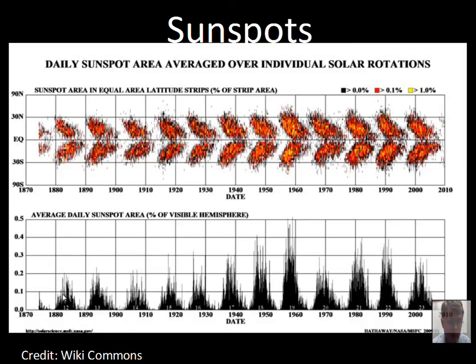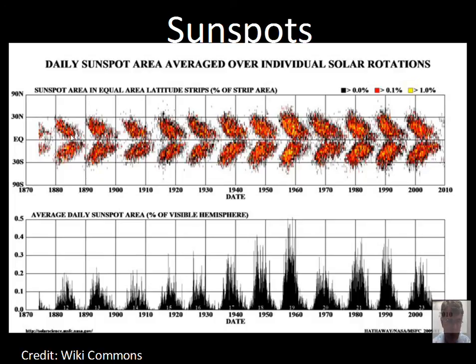The graph down below tells us how much of the area of the sun was obscured by sunspots. And you can see it's not great. This is percentage. And we're not even going up to 1% of the area of the sun being sunspot area.